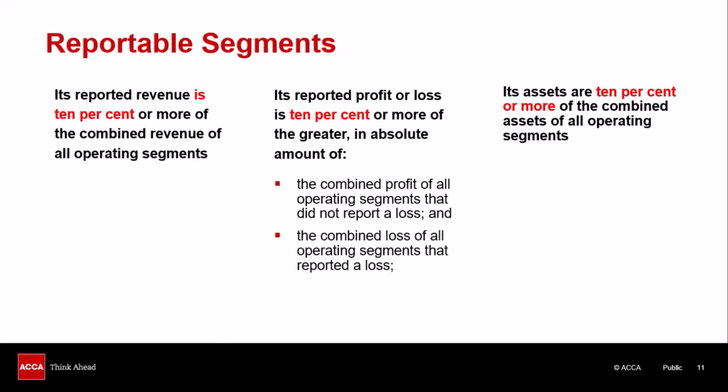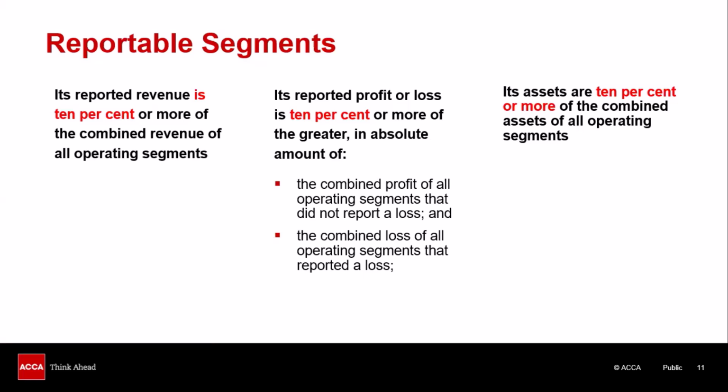So one, if its reported revenue is 10% or more of the combined revenue of all operating segments. Now, this is very important. But we are not just talking about external revenue. We're not talking about segments selling to external customers. We're talking about combined revenue.